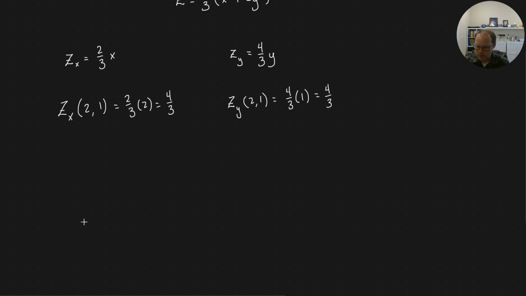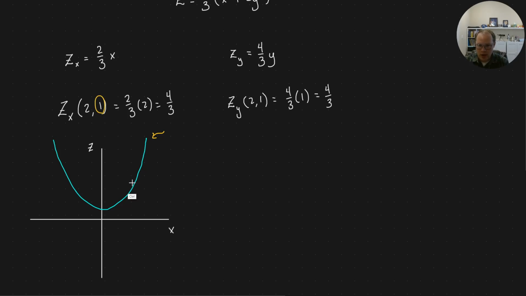Okay, so if I have, let's say, in this direction, maybe my trace looks like this. Let's throw in an axis. So this is my x-axis, this is my z-axis, this is the trace going through y equals 1.